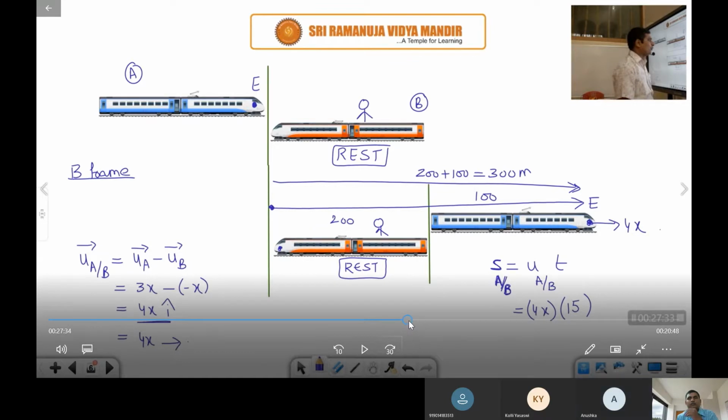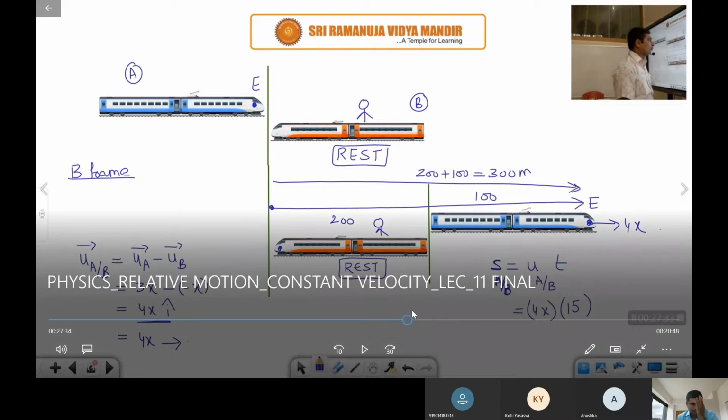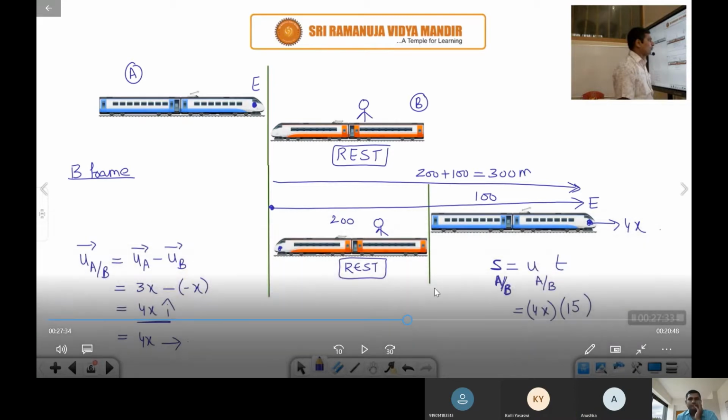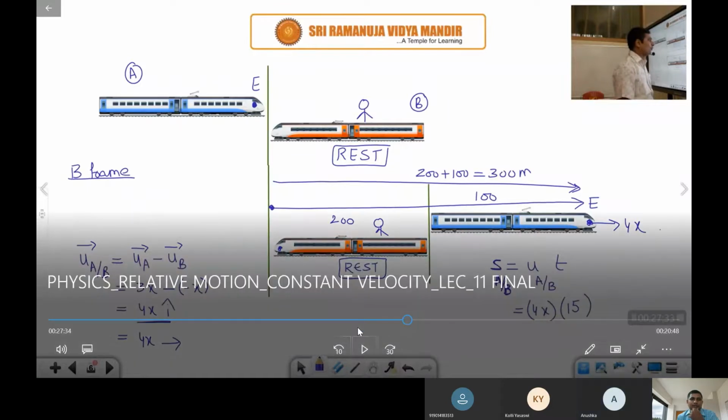So what is the velocity of A with respect to B? Velocity of A with respect to B is velocity of A minus velocity of B.